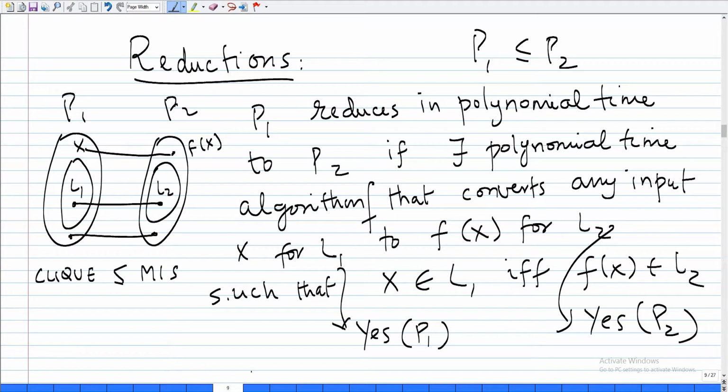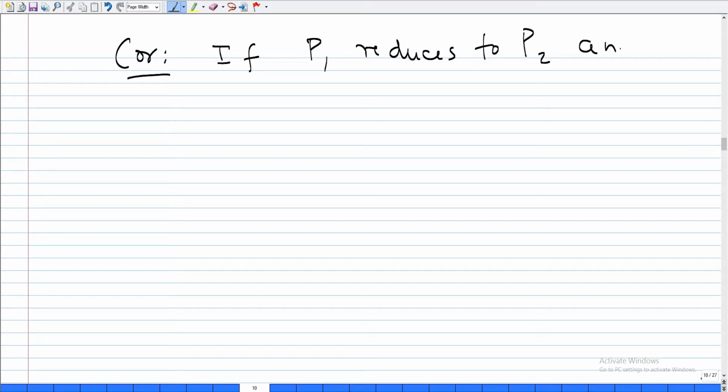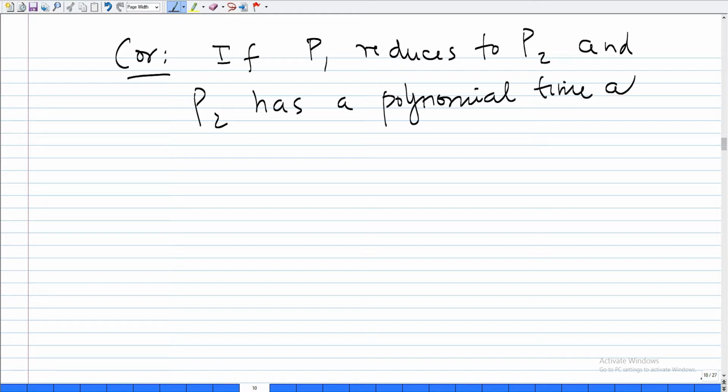Only the thing is that here we insist that this reduction takes polynomial time. Why? Because a corollary of this is that if P1 reduces to P2 and P2 has a polynomial time algorithm, then P1 has a polynomial time algorithm.